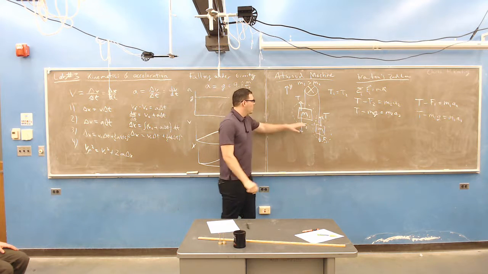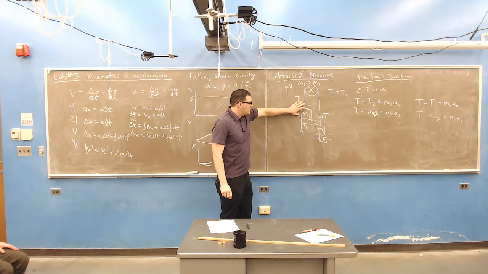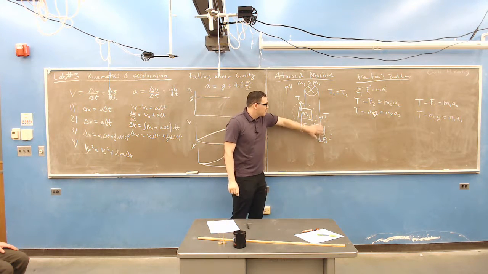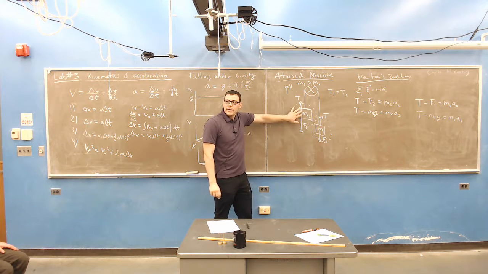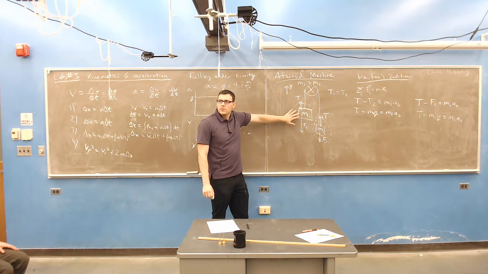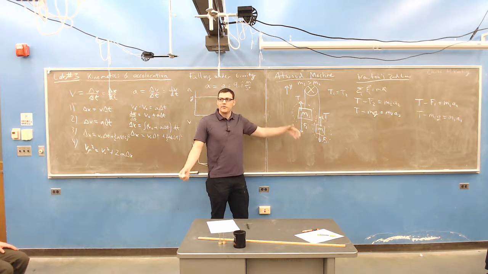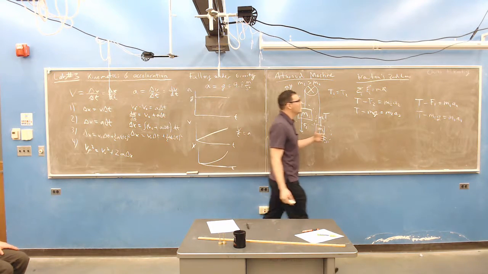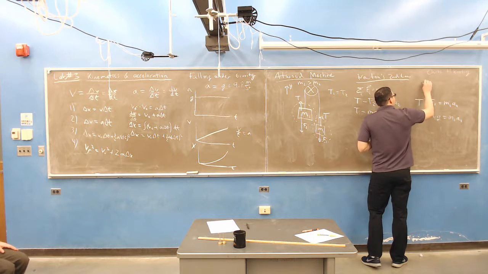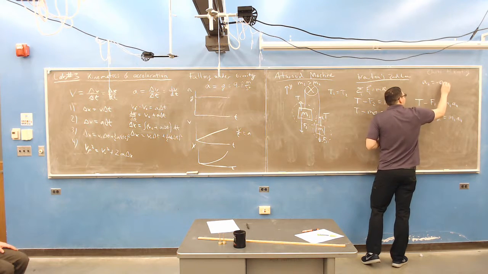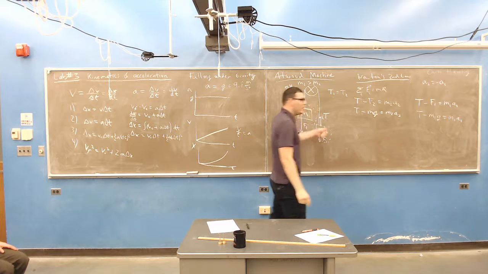All right. If this guy is accelerating down and this guy is accelerating up, what do we know about their accelerations? How are they related? Not necessarily inversely, but they're off by a minus sign, because one's going up and the other one's going down.